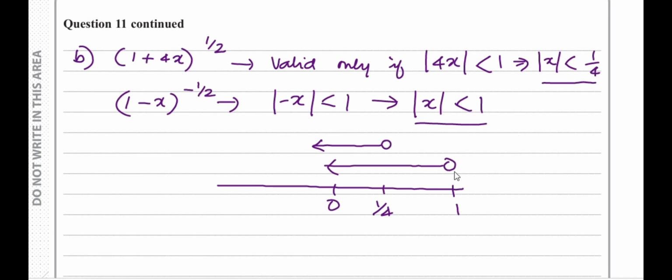So even though the first one says less than 1, the second one restricts it from 1/4 and lower than that. That means I can't do anything more than 1/4. And now our half lies somewhere here, and therefore it's outside the range. So that's what we need to write here, as half is outside the validity range.